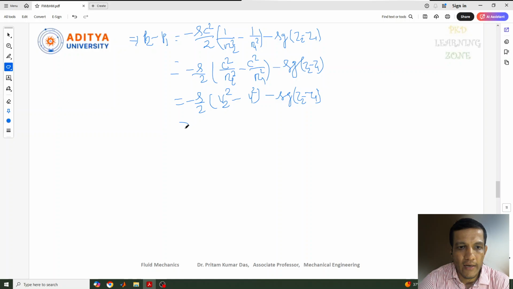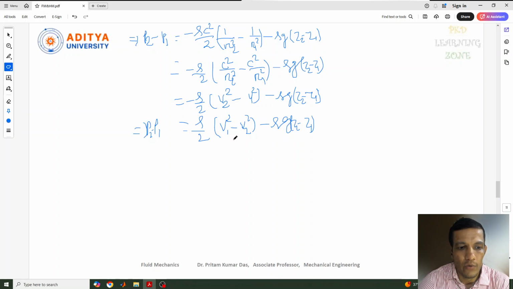Okay, this minus term we can take inside. After taking it inside, we can write rho by 2 into V1 square minus V2 square plus rho g into Z2 minus Z1. This is our P2 minus P1.